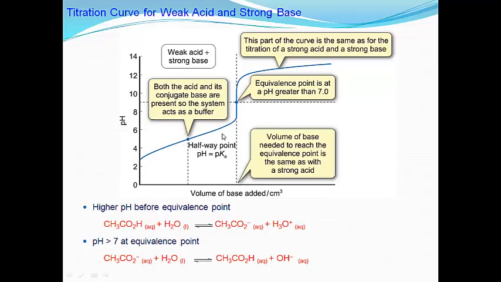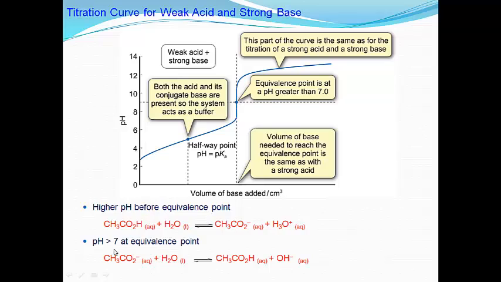The trend up to the equivalence point is more or less the same, but the second thing that is different from a strong acid, strong base reaction is that the equivalence point is greater than 7. In this case, it's about 9.